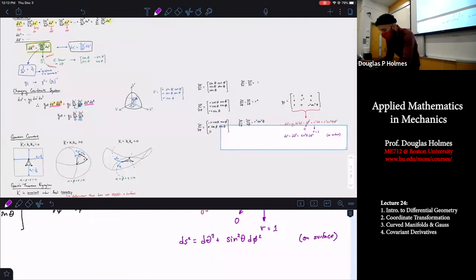And therefore, we would write our 2D metric, the metric tensor on the surface of the sphere. Remember, in 2D, we usually use A to represent the metric, and we usually use Greek letters to denote that we only have 2 coordinates to worry about. So we would say that A alpha beta would be equal to 1, 0, 0, sine squared theta. That's our metric in 2D.